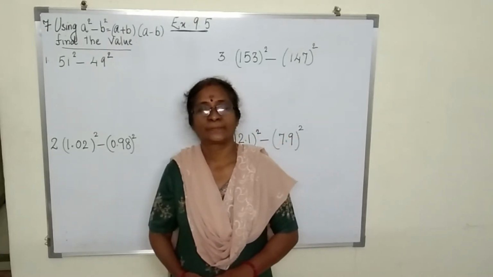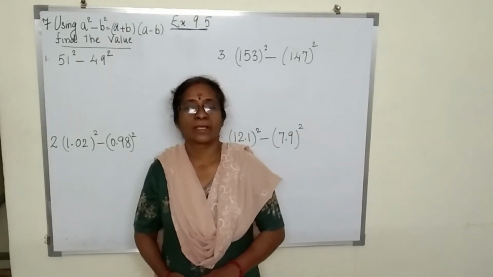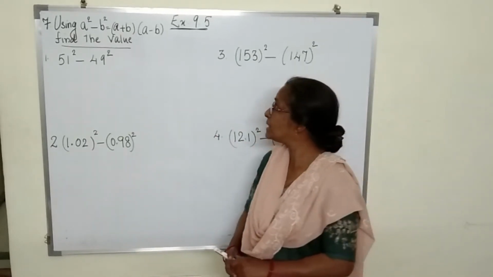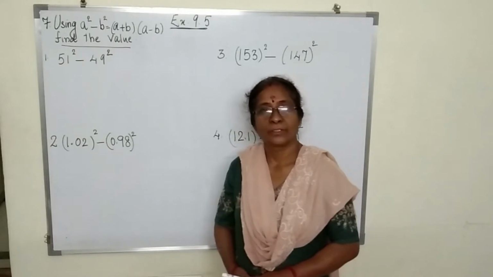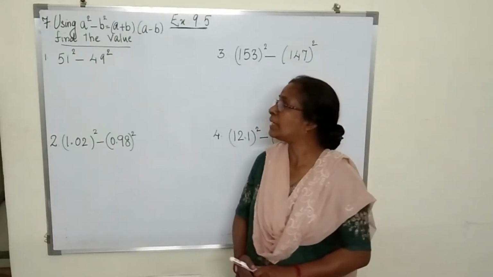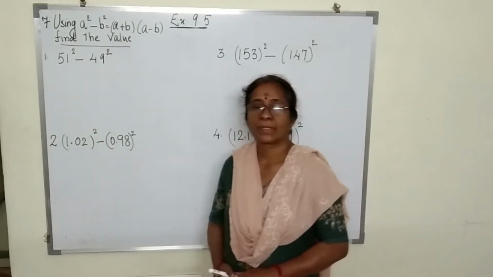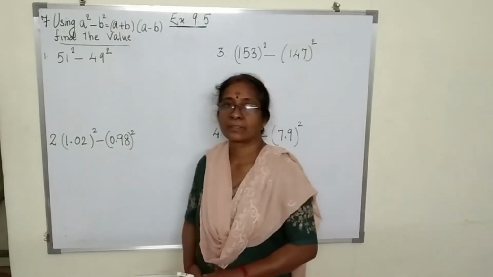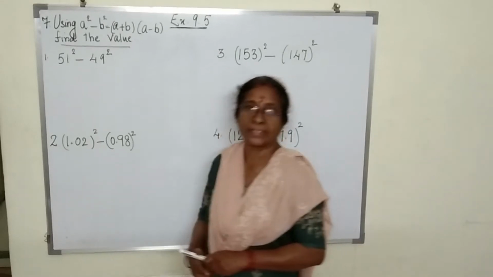Dear students, in the previous class we completed question number 6 from exercise 9.5. Today we are going to start with question number 7. Again, it is the application of the third identity.